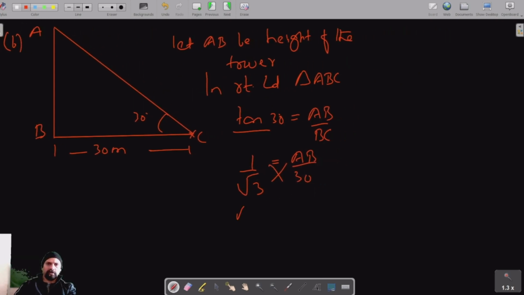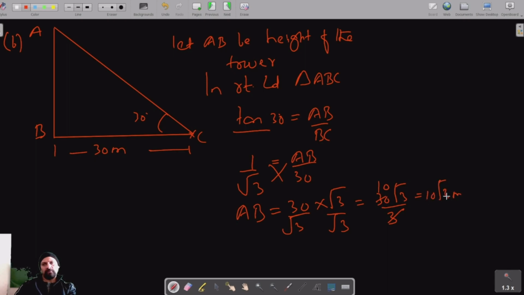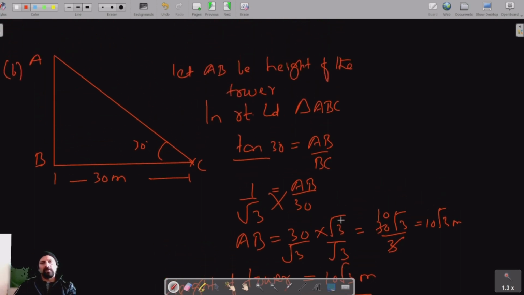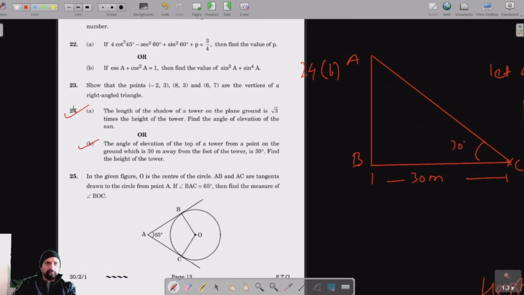If you cross multiply, this gives me AB is equal to 30 by root 3, and let's rationalize this, which gives us 30 root 3 by 3, and this is 10 root 3. So 10 root 3 meters is the height of the tower. And this solves our question number 24.